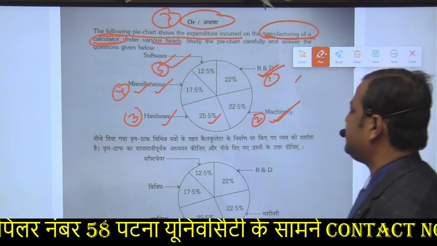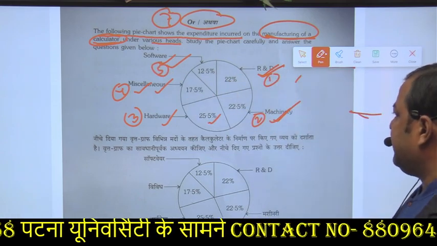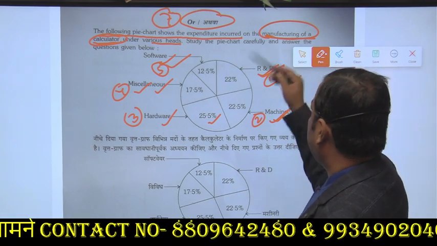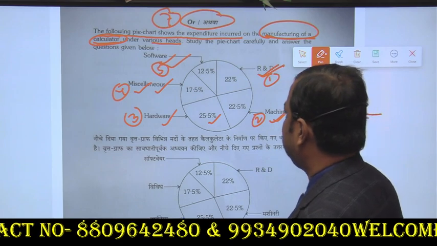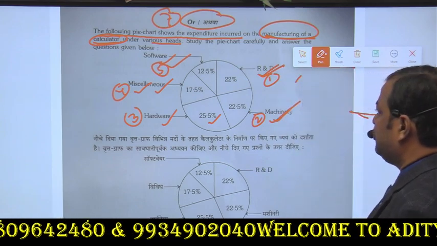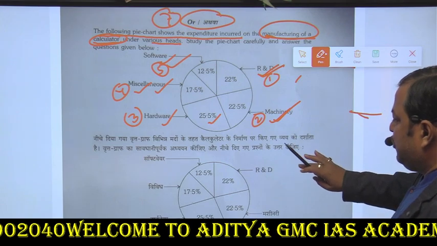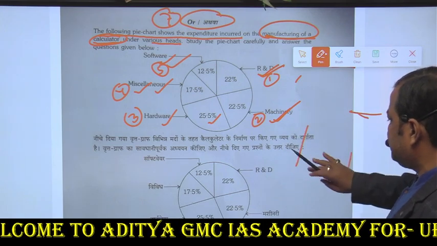In this picture 5 parts are given, all together 100%, but total amount या total expenditure together not given. So in this video we consider only in English question.